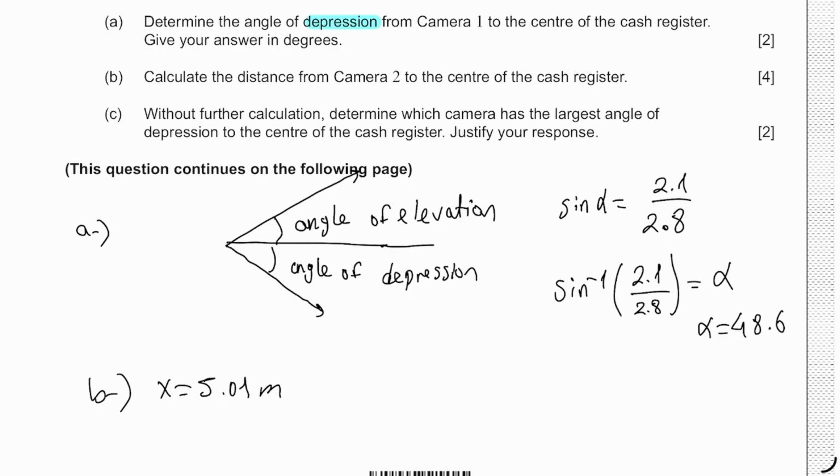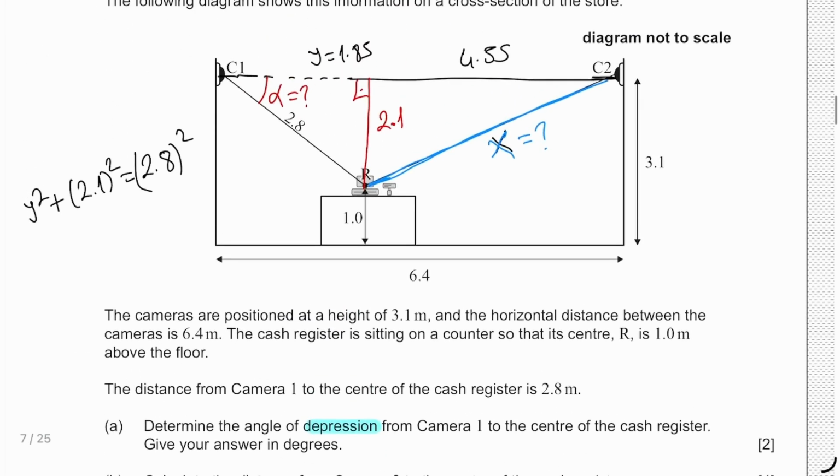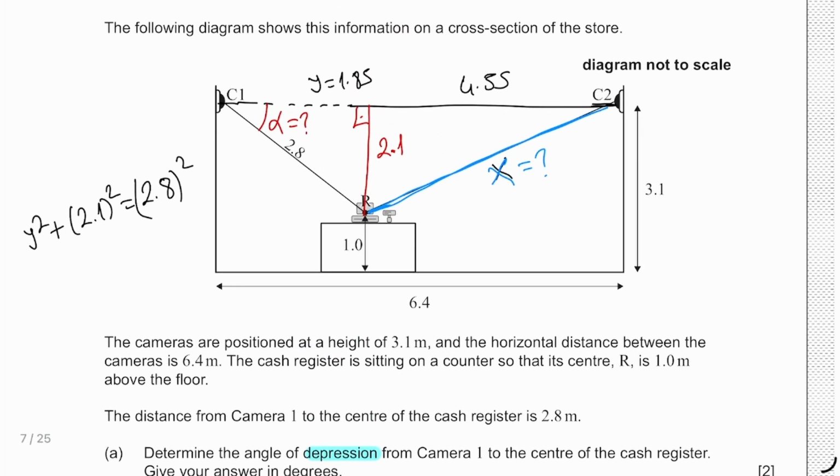Okay. Without further calculation, so we are not going to do calculation. Determine which camera has the largest angle of depression to the center of the card register. Justify your response. So they are asking to compare this and this, right? From cameras to register. Angle of depression. Which angle is bigger, guys?